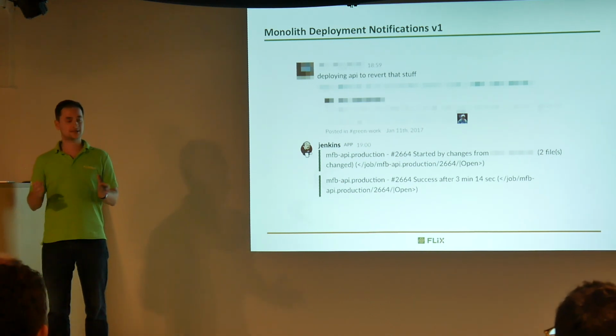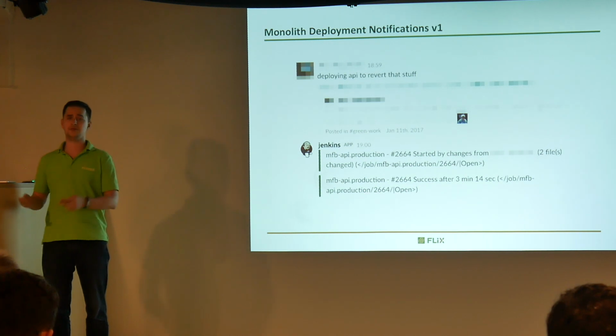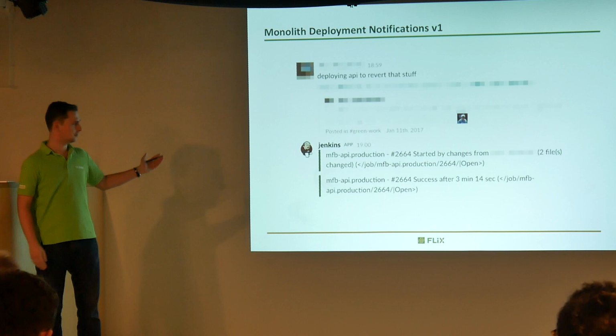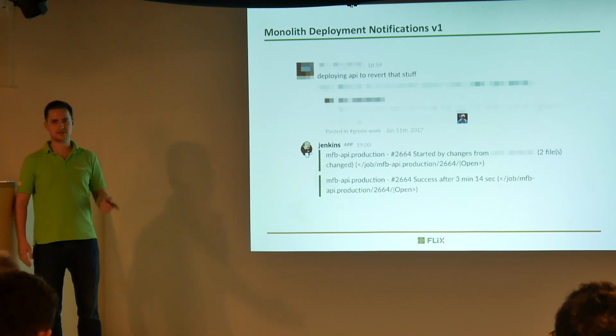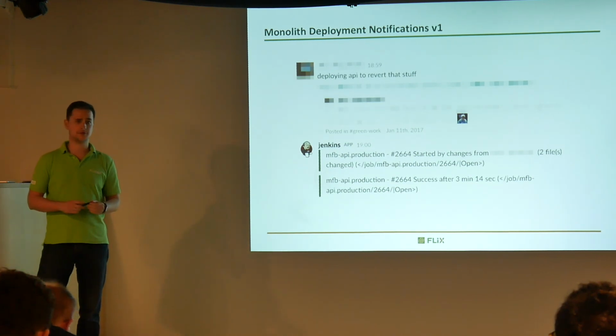And after that, Jenkins has a couple of Gradle scripts that use Slack incoming webhooks to post information about the deployment when it started and when it finished. So at least it shows that something is being deployed. And it also says if the deployment was successful. So deployment status is also there.